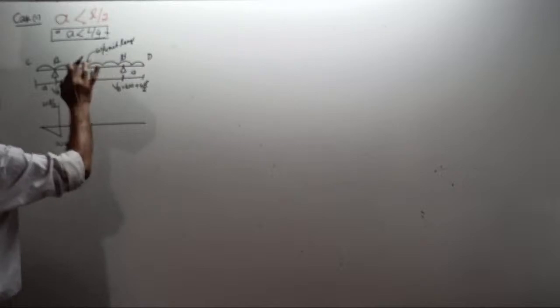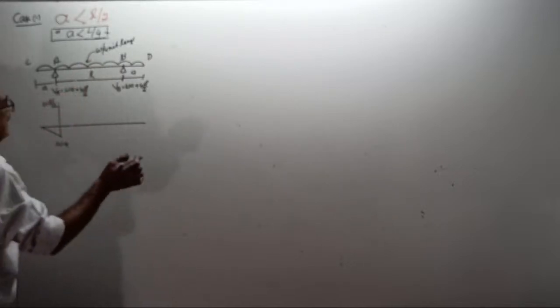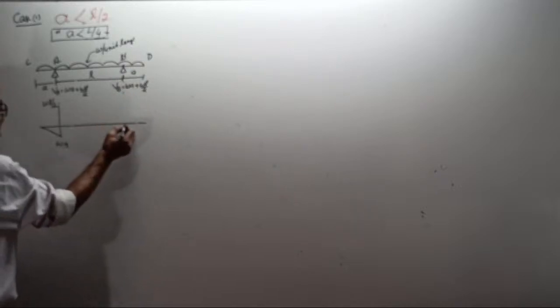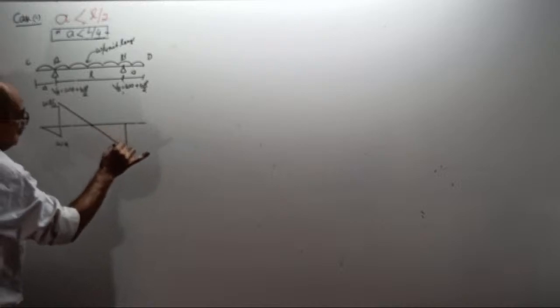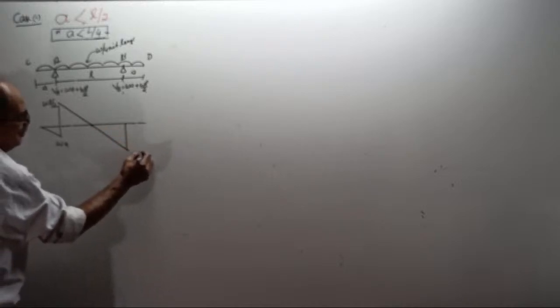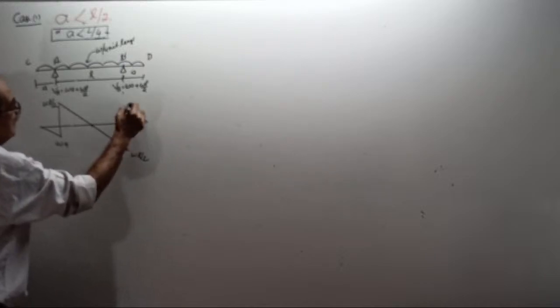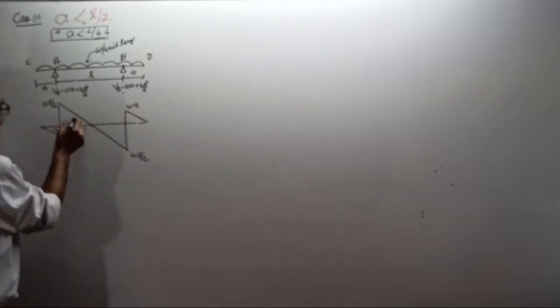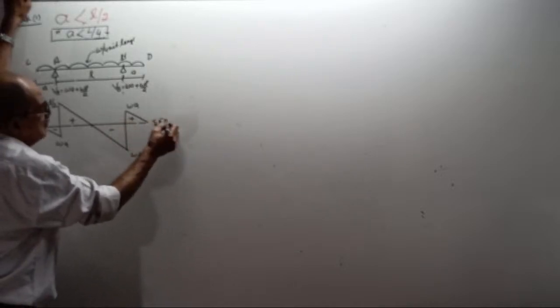Remember, I told you last time WL by 2 is going to be more than Wa. Again WL by 2, then small Wa: negative, positive, negative, positive. This is the shearing force diagram.